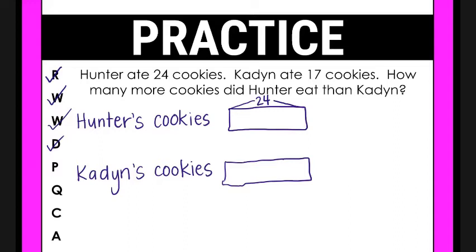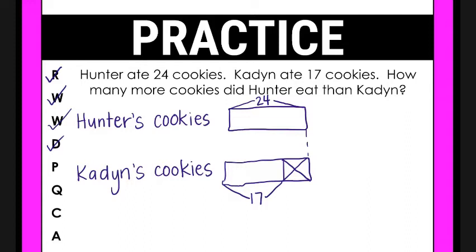So on Caden's unit bar, I'm going to take out a piece because Caden did not eat as many as Hunter. So I need to show that Caden's 17 is not the same size as Hunter's 24. And I show that by crossing out a little bit of his unit bar.